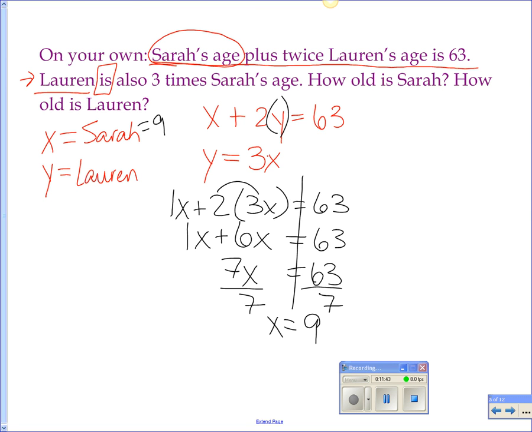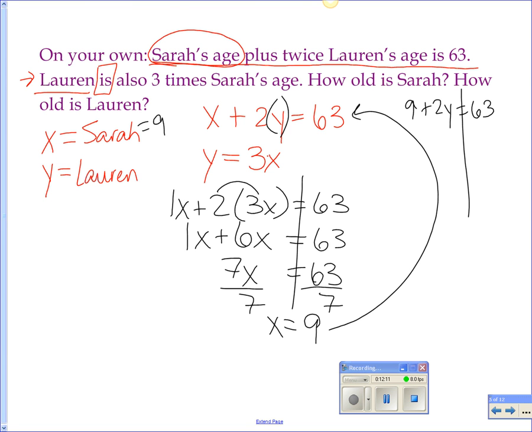Okay. Andrew, help me plug it back in. Which one do you want to plug it into? The top one or the bottom one? Okay. What would I write to plug it into the top one? It's easier to do it here, but we'll do it there. Okay.